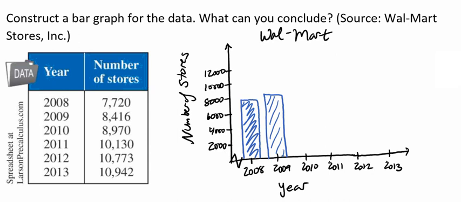For 2010, there was 8,970. So it's almost 9,000. So almost exactly between 8 and 10,000. For 2011, there was 10,130, so just barely over 10,000.